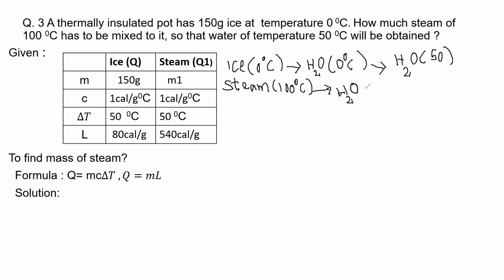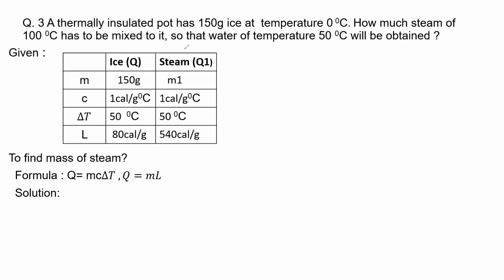Here also two processes are taking place. First, it will get converted to water at 100 degrees Celsius. And then water at 100 degrees Celsius will become water at 50 degrees Celsius. That means steam temperature is reduced by 50 degrees. Okay, this is the question. So we want to find out how much steam is required to make the temperature of water 50 degrees Celsius. So the question is clear.